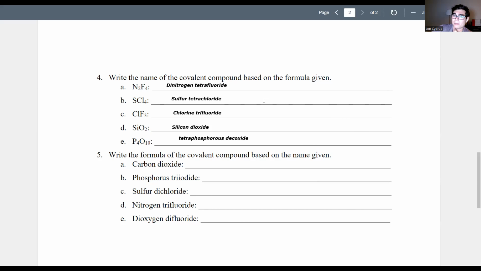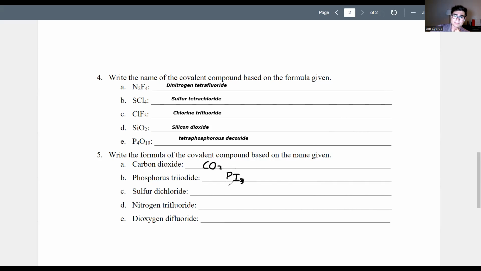Five, it says write the formula of the covalent compound based on the name given. So this is similar. Carbon dioxide, we have one carbon, two oxygens. Phosphorus triiodide, we have one phosphorus and three iodines. So I'm going to put PI3.